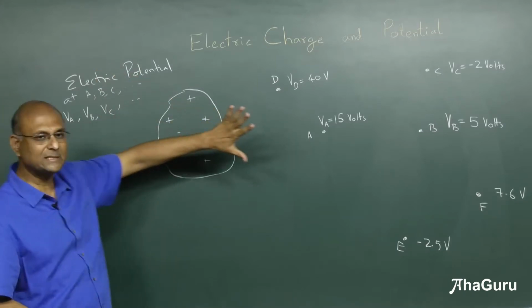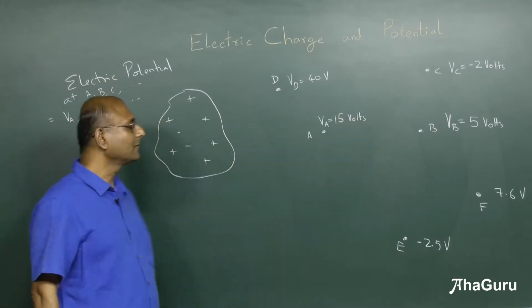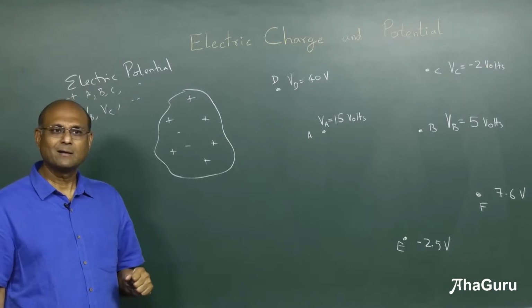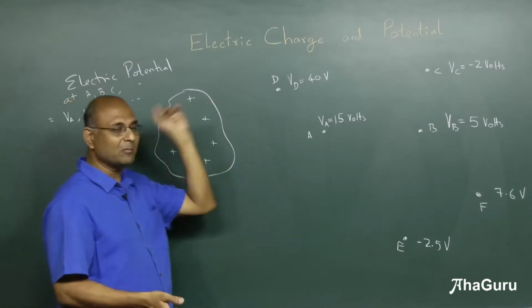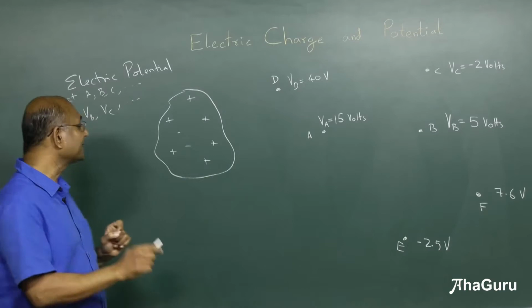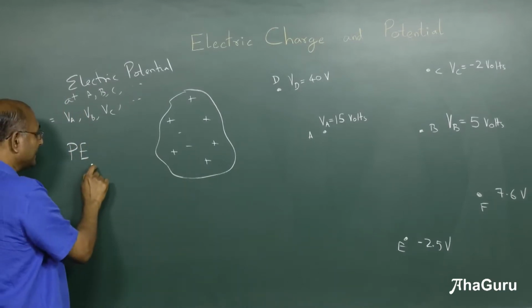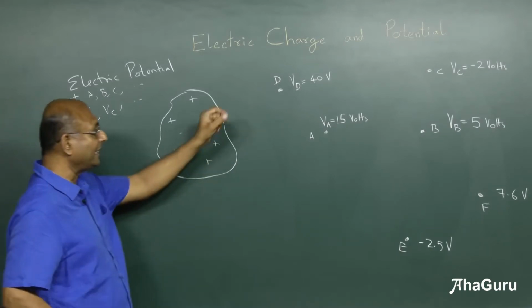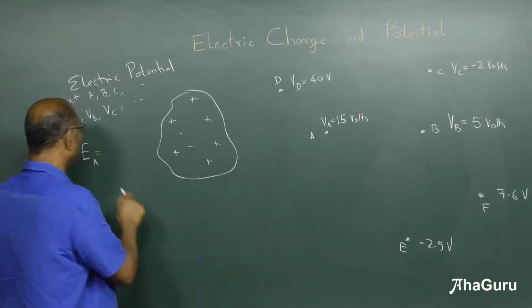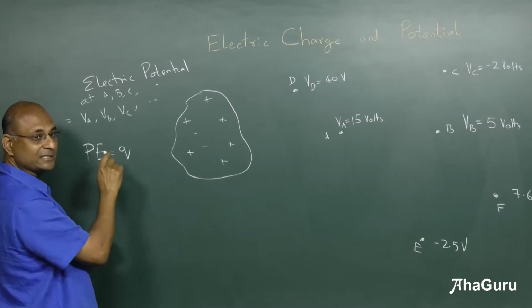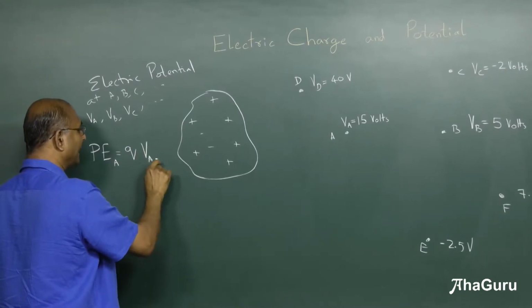Bunch of numbers. They are all just scalar quantities, just numbers. What use is this number? We were talking about energy, suddenly we are talking about potential. Because if I brought a charge there, potential energy of the charge when you keep it at A is equal to the value of the charge into the potential at A.